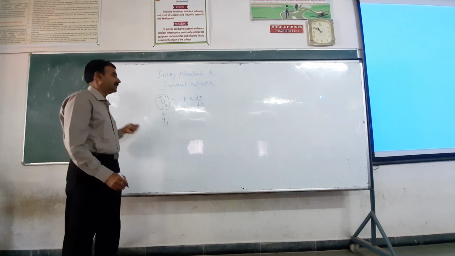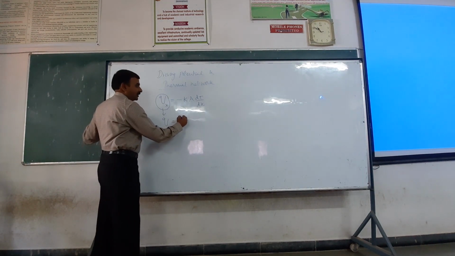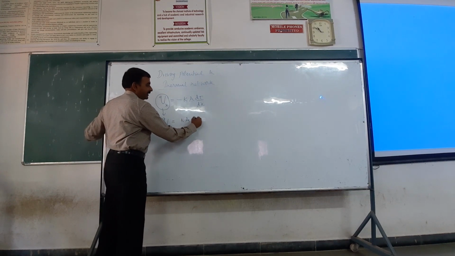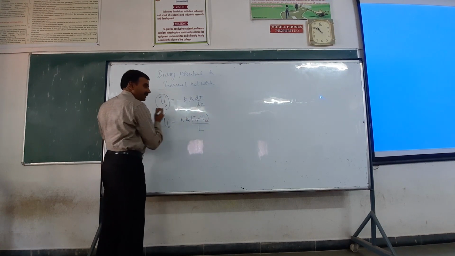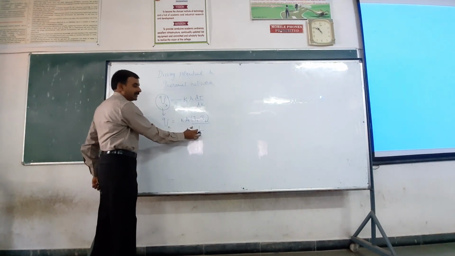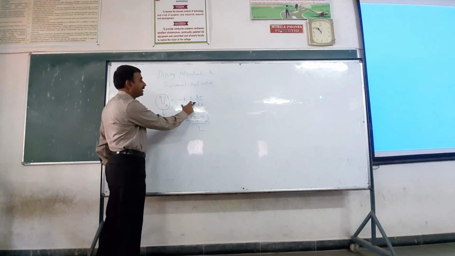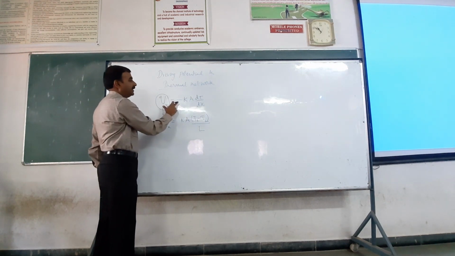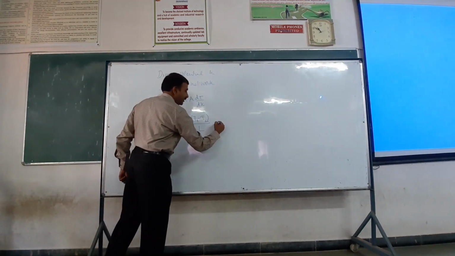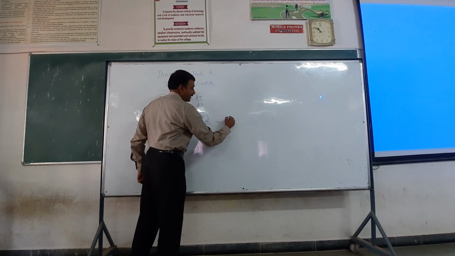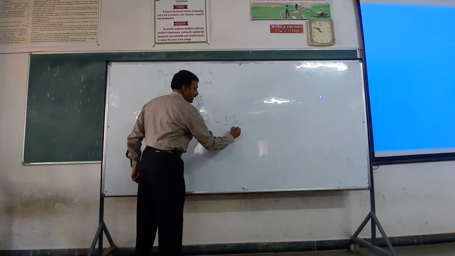Now in integral form, this equation has become Qx or Q equals KA (T1 minus T2) by L. When dx is integrated over the entire thickness being considered as L, this becomes L. Integral dT is T between the limits 1 and 2, it becomes T2 minus T1, and minus of T2 minus T1 is T1 minus T2. And this can be rearranged as T1 minus T2 divided by L by K.